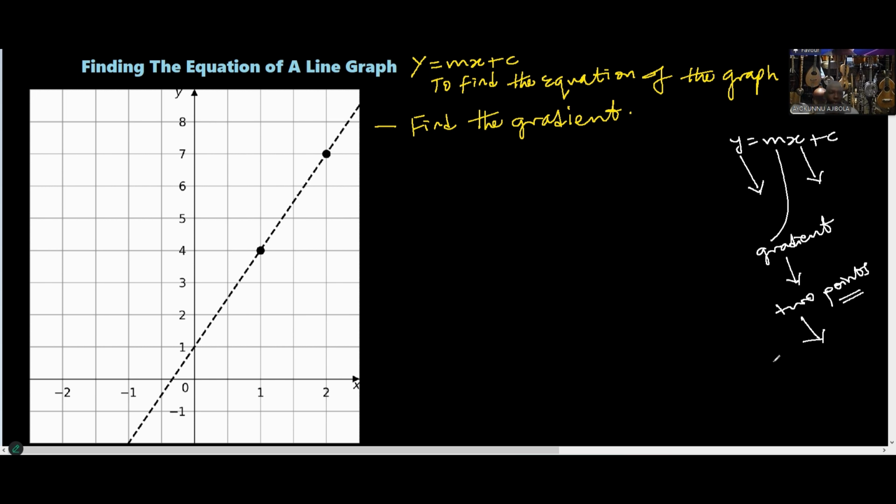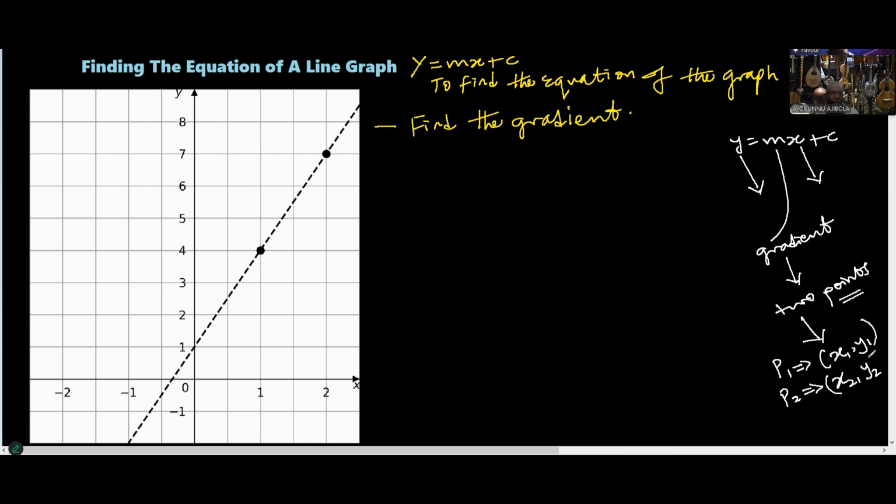So point one will have coordinate x1, y1. Then the second point, point two, will have the coordinate x2, y2.